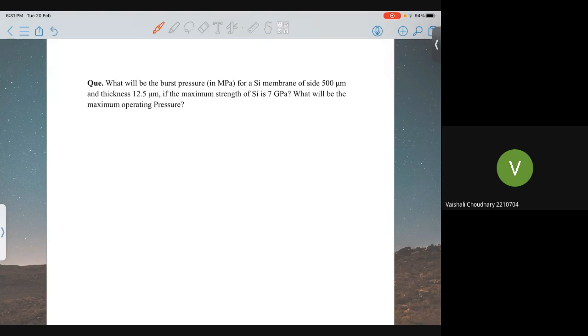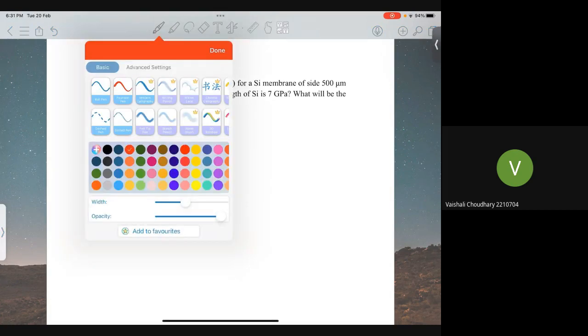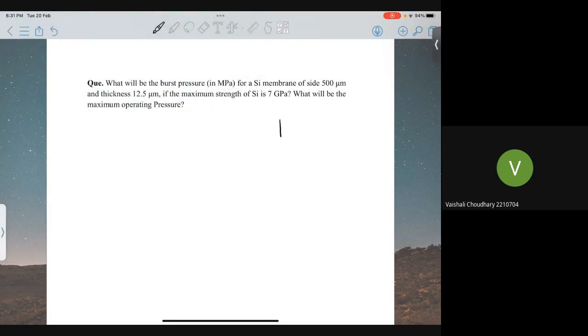Then what will be the maximum operating pressure? So now we solve this problem. First we'll draw the diagram.